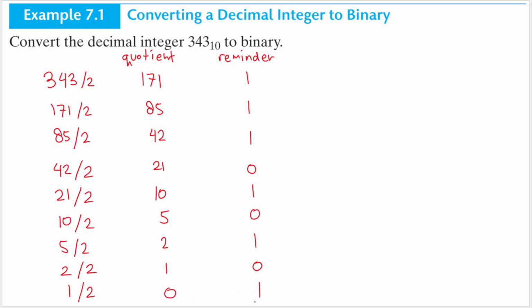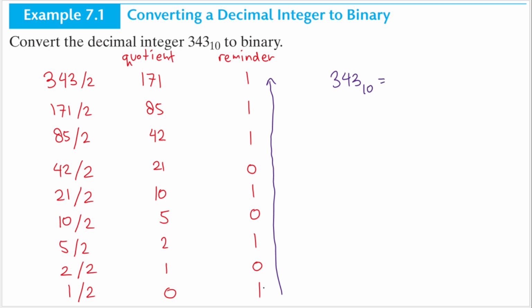Now we get the remainders here and we read them from bottom to up like that. So we will have 343 base 10.